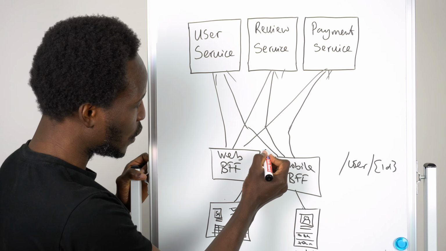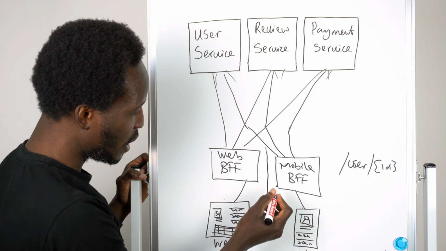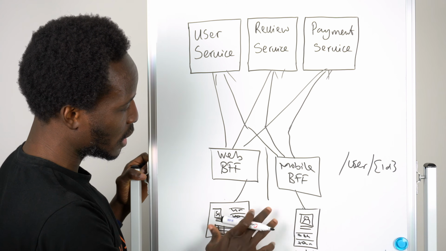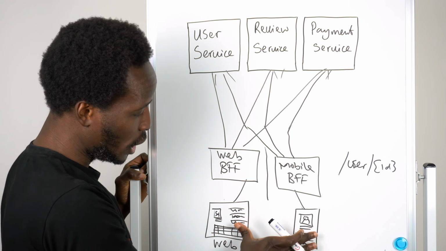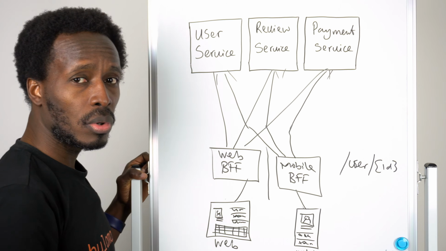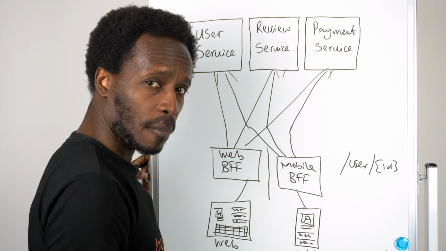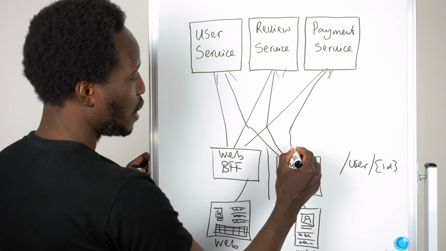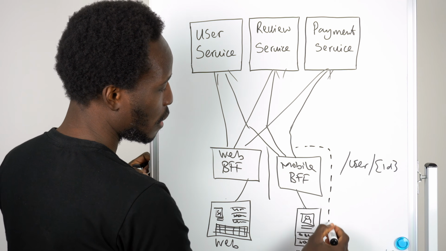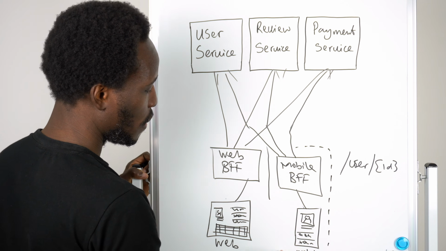So what happens is that you separated the dependency of these clients on the API gateway. Each client has its own BFF. Ideally, the team that handles the client also handles the mobile BFF.